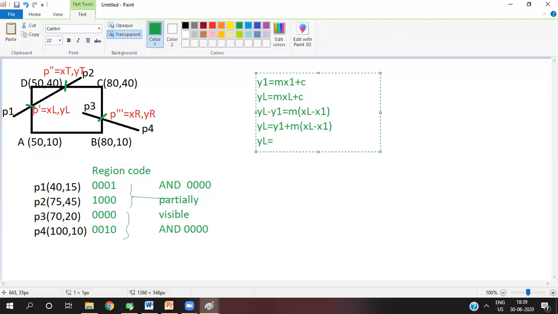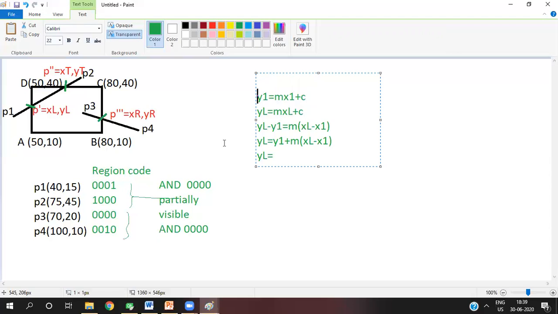What about Y1? P1, this is X1, Y1, right? P1 is equal to X1, comma, Y1, that is nothing but 40, comma, 15.